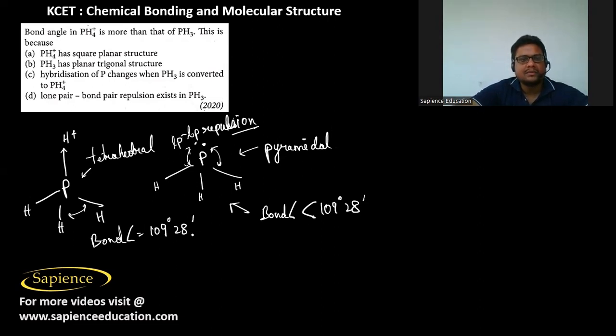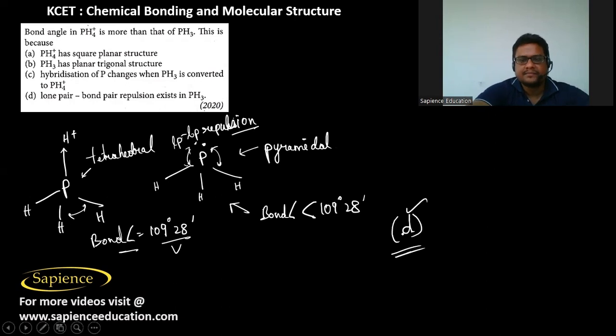Since in PH4+ we have no lone pair-bond pair repulsion, the bond angle is higher. So the actual reason is that lone pair-bond pair repulsion exists in PH3. So option D is the correct answer.